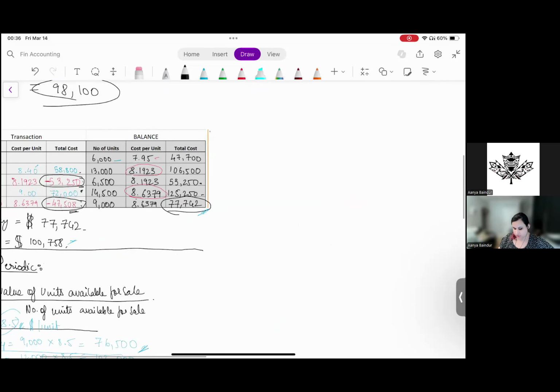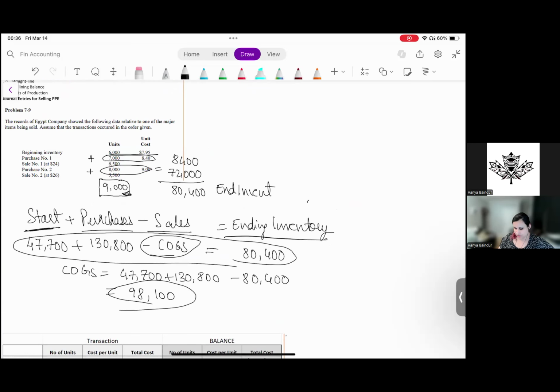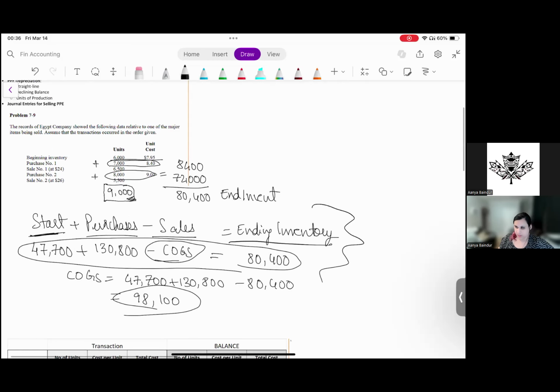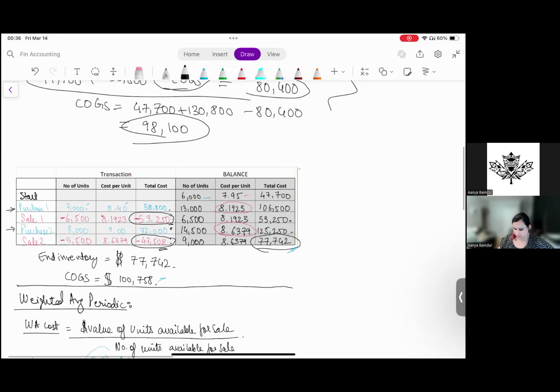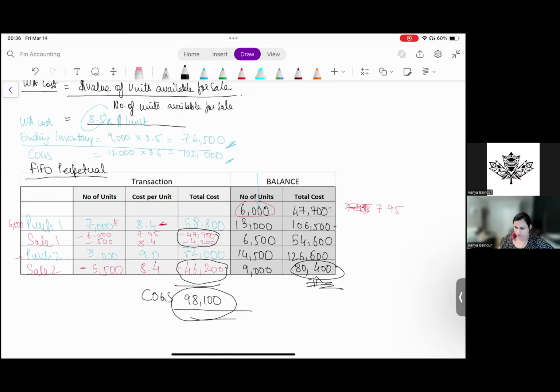So if given a choice, you can pick whichever method you find easier. This is normally much faster to do. You can always do FIFO periodic and find the answer, and it will be the same as FIFO perpetual. But if the question specifically asks you to make this schedule, in that case, know how to do it and solve it accordingly.